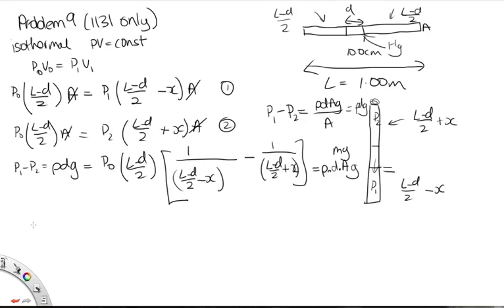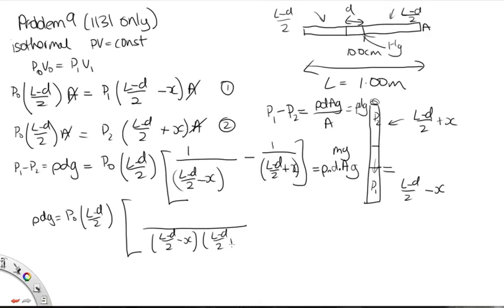Okay, so we've got rho d g is equal to P0 times L minus d over 2. Now we want to solve this. Let's put a common denominator: L minus d over 2 minus x, times L minus d over 2 plus x, on the bottom, and on top L minus d over 2 plus x minus L minus d over 2, and then plus x because we've got negative, negative.